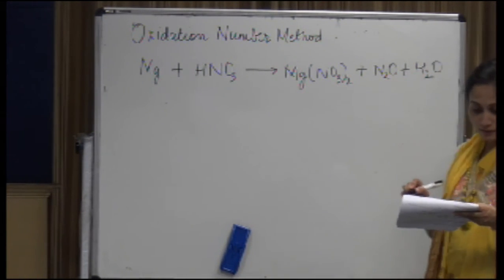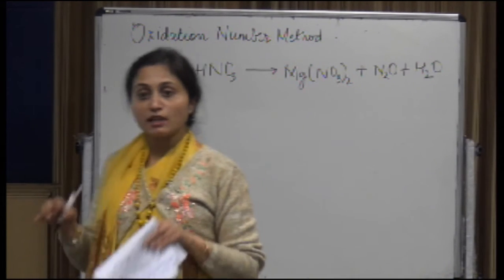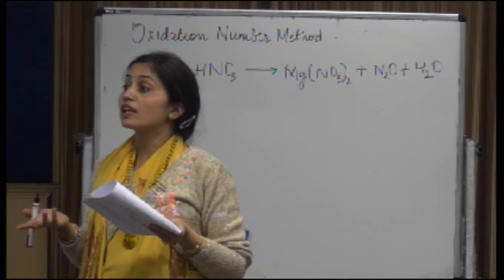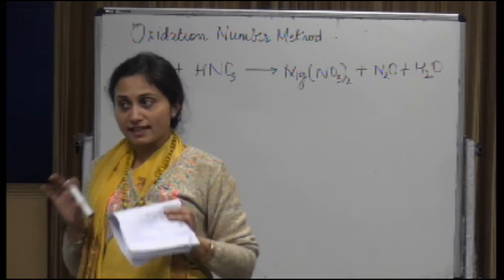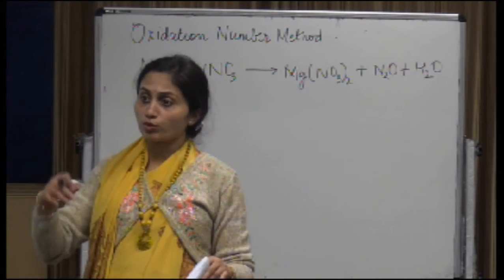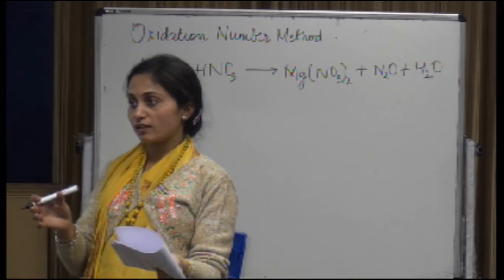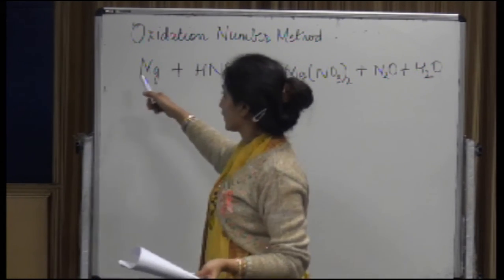Alright. First of all, I have given you the equation in this case. In many cases, you will not be given the equation at all. So the basic thing is, if it is a combination reaction or displacement reaction, now you know how to write down the formulae of the compounds. Just add your starting reagents. Suppose two reactants are given, magnesium.